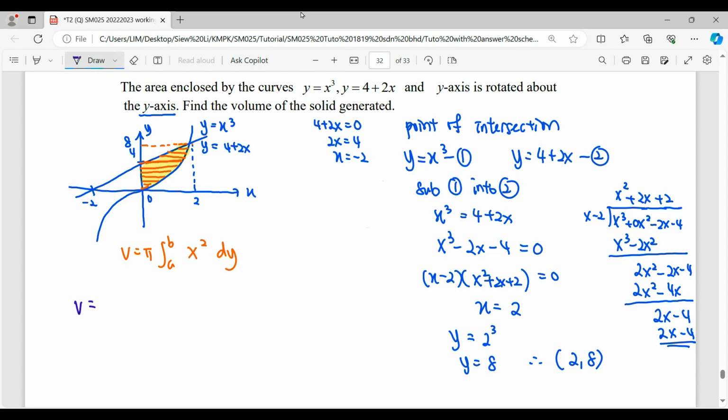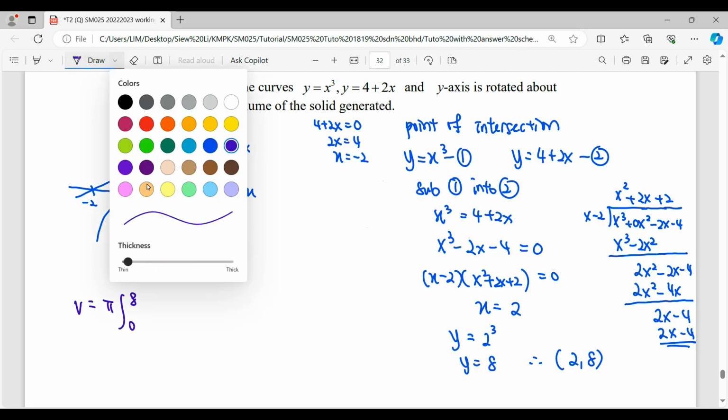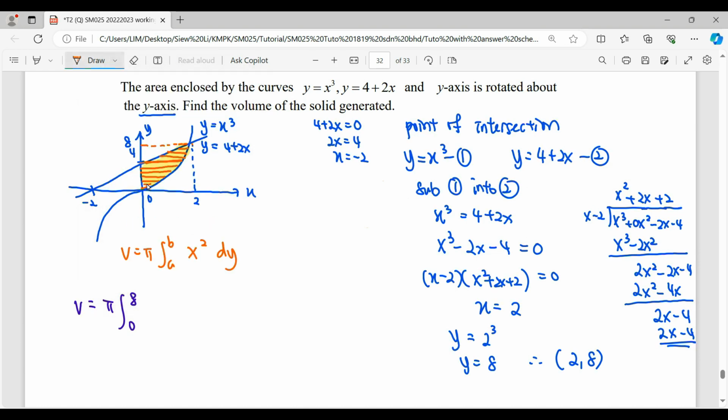For this volume, we integrate the whole piece from 0 until 8, so we are taking this region to be rotated as the volume. This is cubic, so our equation needs to be in terms of y. Therefore, we change our equation: x cubed equals y, so x equals y to the power of 1 over 3.